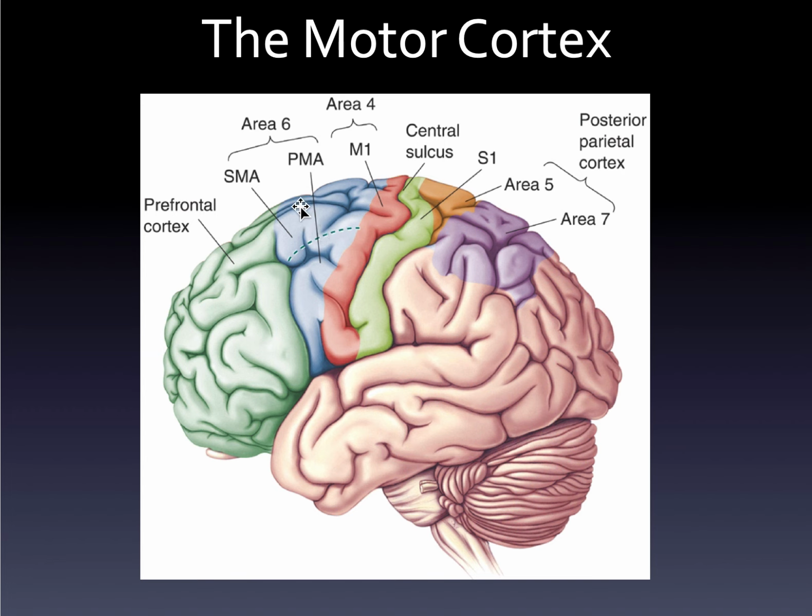But cause more complex motions. We now know that's a bit of an oversimplification. Both M1, area 4, and area 6 have direct outputs to lower motor neurons. It seems to be to different groups of muscles mainly.